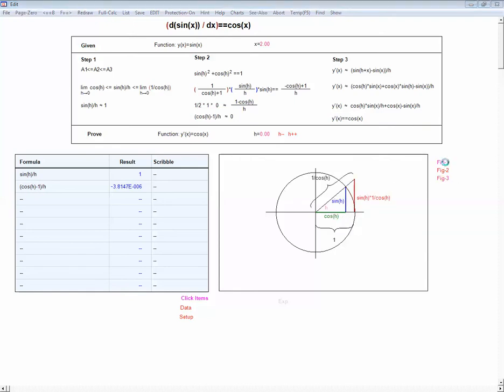Now, step 1 requires that we look at 3 areas. So we're going to be looking at A1, A2, and A3, and they will have this relationship. A1 will be the smallest area, A2 is larger, and A3 is larger still. So what are those areas?